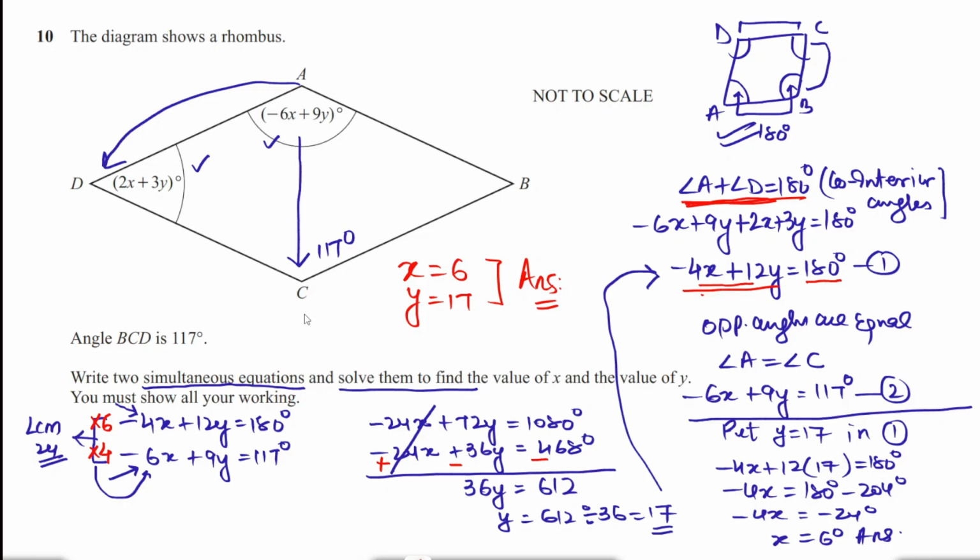After that, we saw that this value had been given, but this value had not been placed in the diagram. So whatever information is given, it's your duty to place the information in the diagram as well. So opposite angles are equal, so we plug in here this second equation, and we solved both the equations by the method of elimination, and we got these answers.